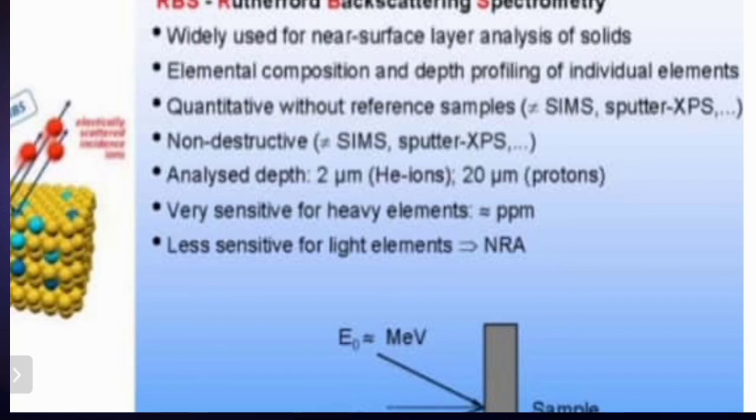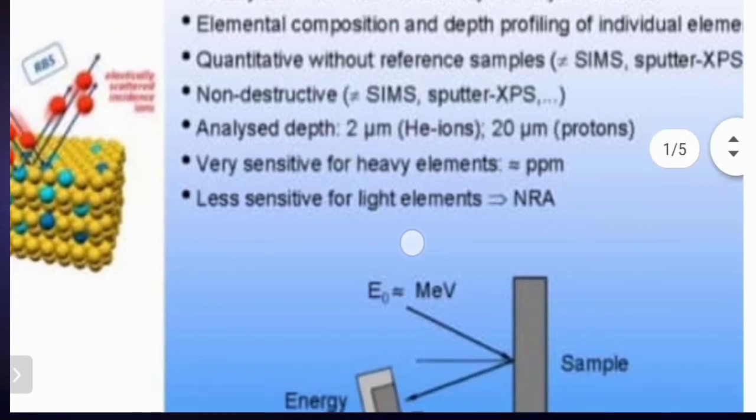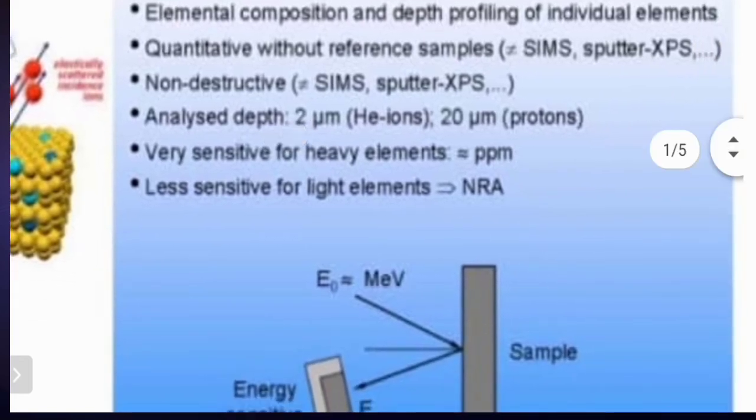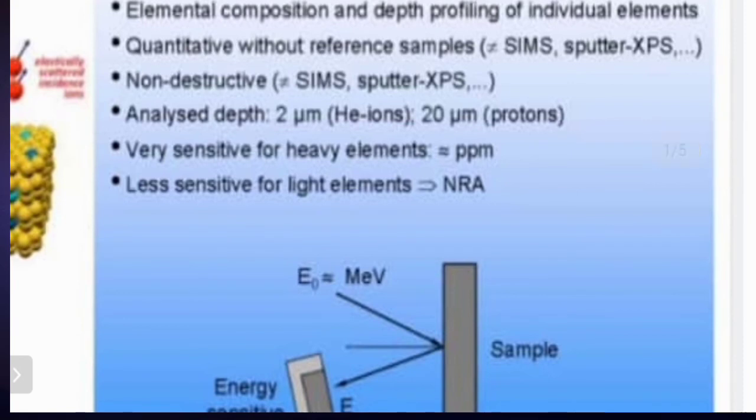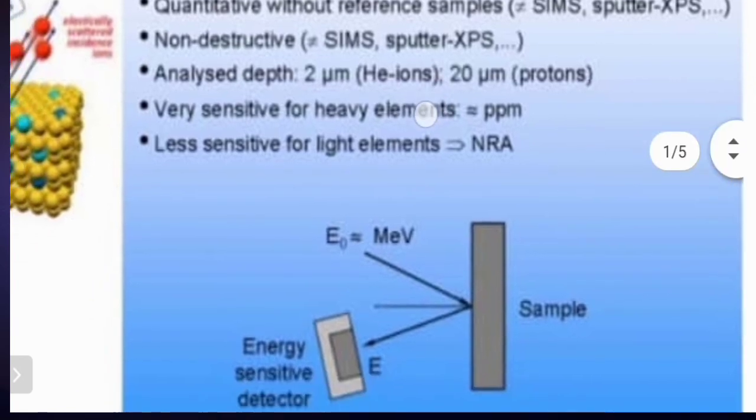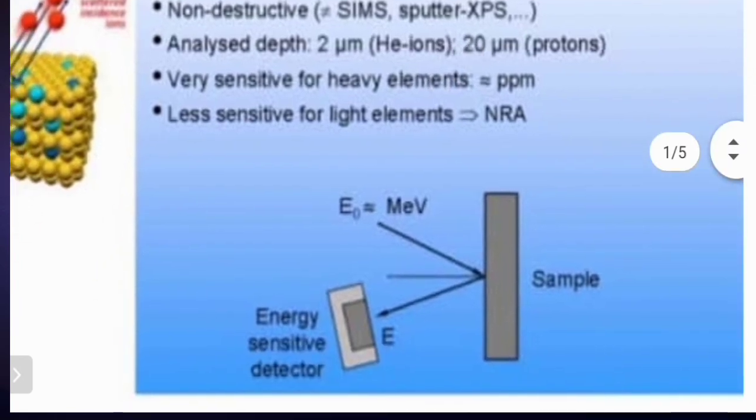If you use a helium source, we get a depth of around 2 micrometers, and if you use protons as a source, we get depth profiling of around 20 micrometers. It is a very sensitive technique which gives accurate results up to parts per million.